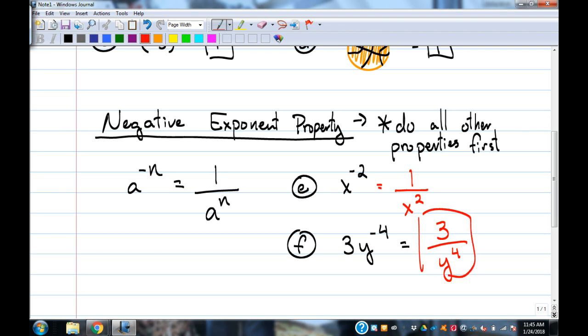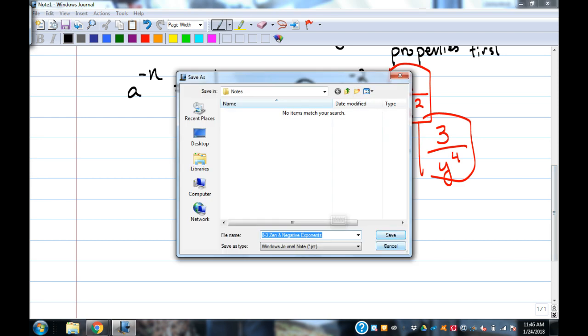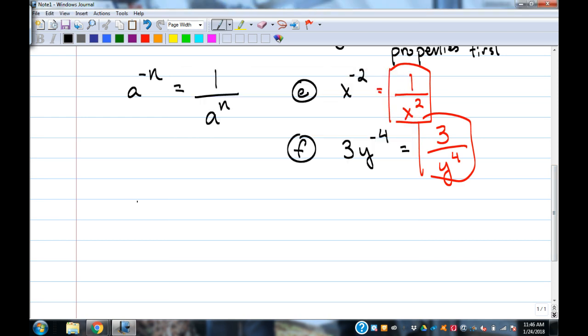Okay. So that's the way we're going to fix negative exponents, we're going to make them positive by moving them from the numerator to the denominator. Okay. There are times, though, when you might have a fraction already given to you, like 1 over a to the negative n.